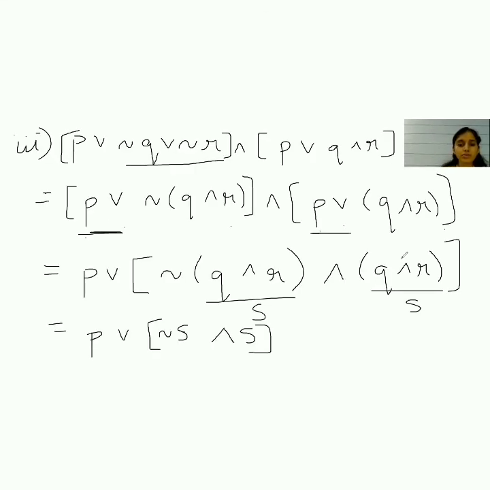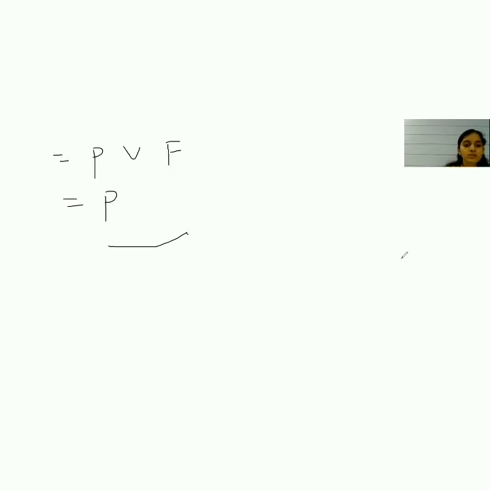P. So the final switching circuit will be just a single switch with your battery and your lamp. This is the simplified expression, P, and the switching circuit. This is question 5, third one.